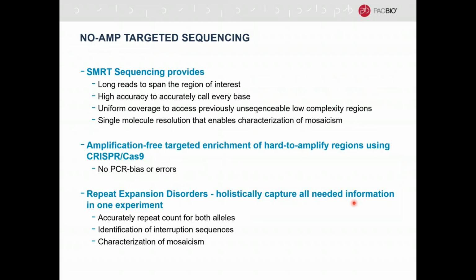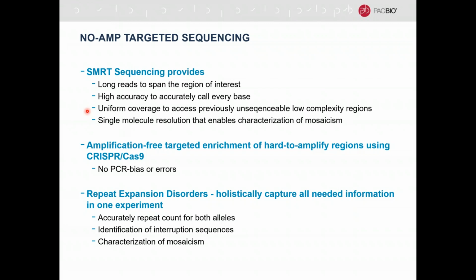But to start wrapping things up, Jenny and I have provided a nice overview of SMRT sequencing. We talked about long reads, tens of thousands of base pairs, highly accurate reads by generating consensus sequences. We have uniform coverage. We have no bias. Some of the examples are almost 100% GC, especially with the FMR1 loci.